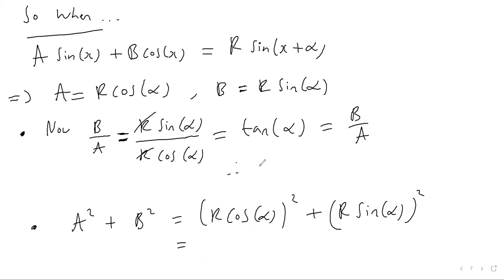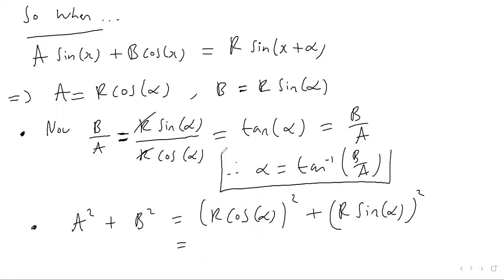Therefore, alpha is going to be tan inverse of b over a. So if you've got a number times sine plus a number times cos, and you want to write it in this form, we can say with certainty that the alpha you need to add on is the tan inverse of this number divided by that number. That's what this formula is telling us.